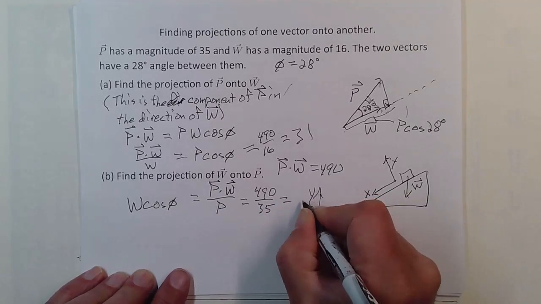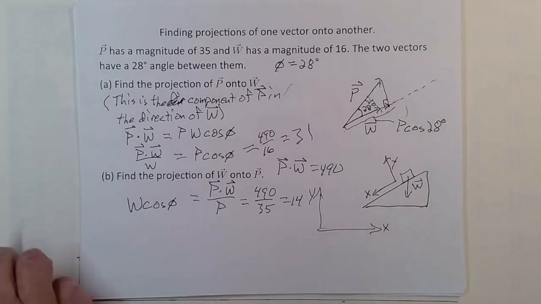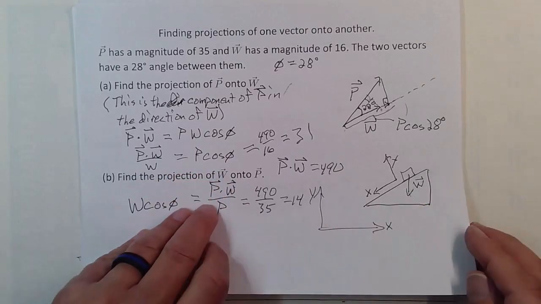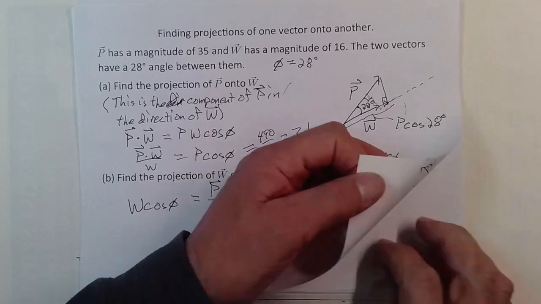And I get about 14 for that. So that's a way that you can find that. They do quite a few examples in the textbook of projections of things onto the axes.